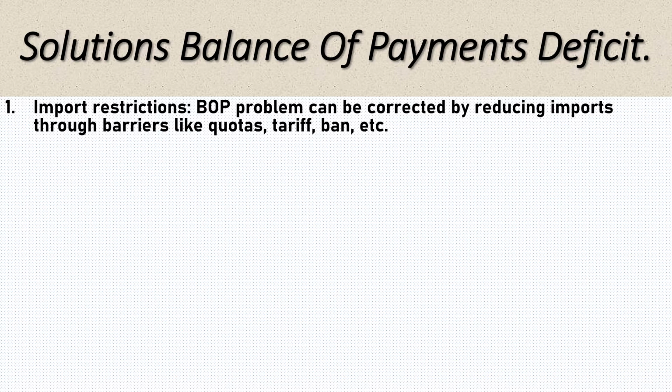This means that BOP deficit can be corrected if a country discourages importation by using some instruments like a quota or quotas, tariff, sometimes outright ban to reduce importation, so that there will be less leakages in the economy. This can resolve deficit balance of payment of a country.